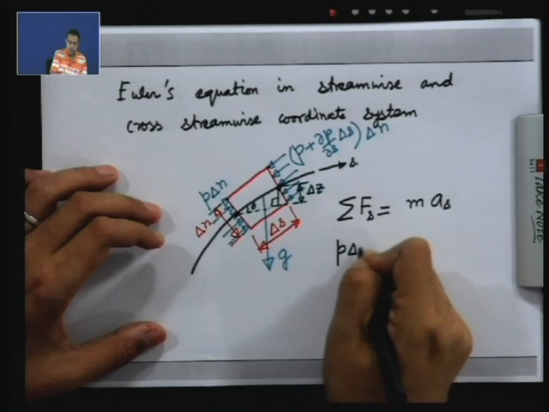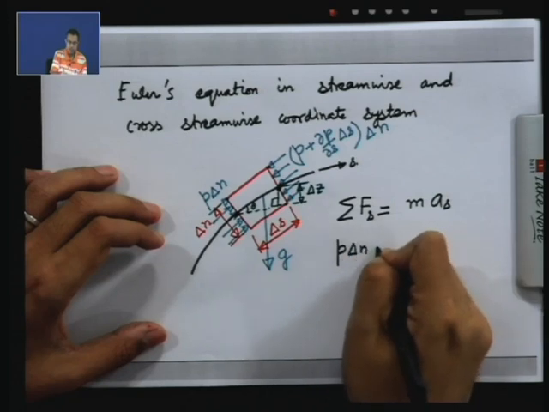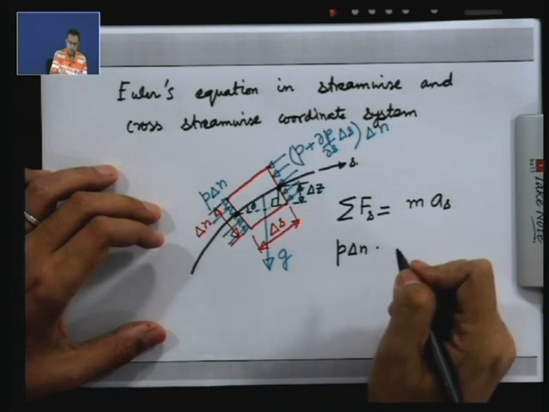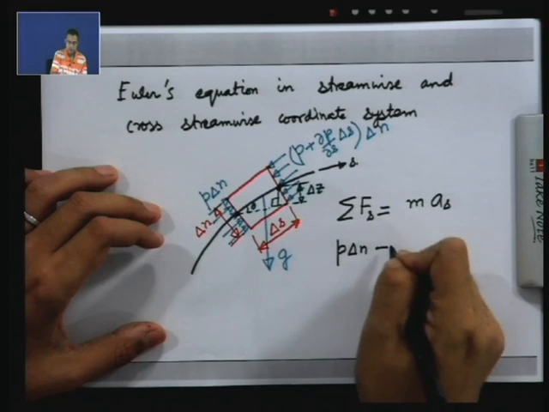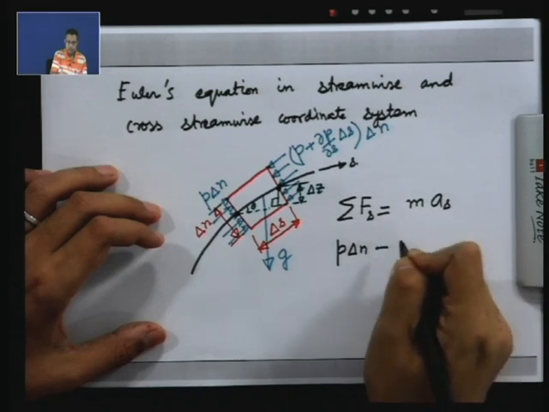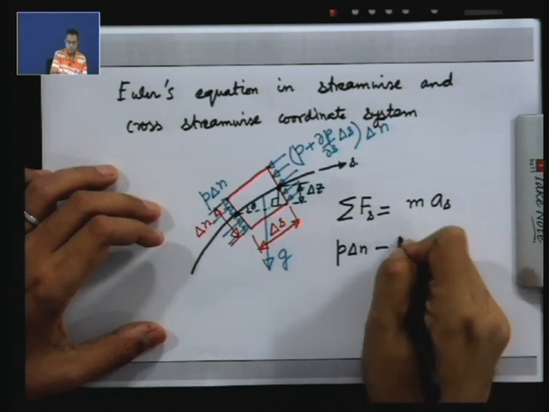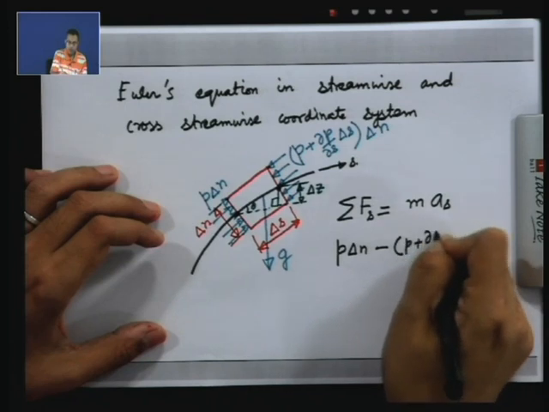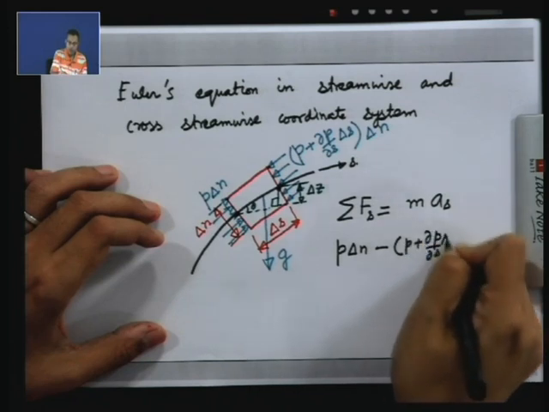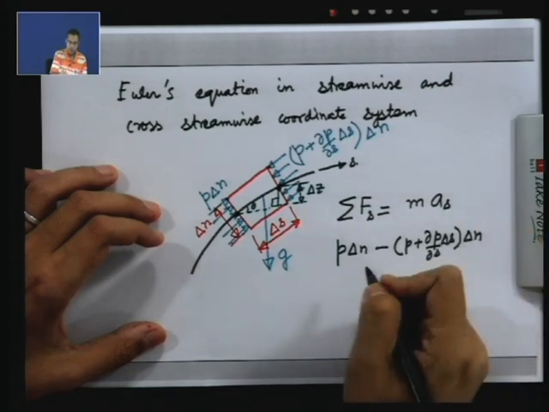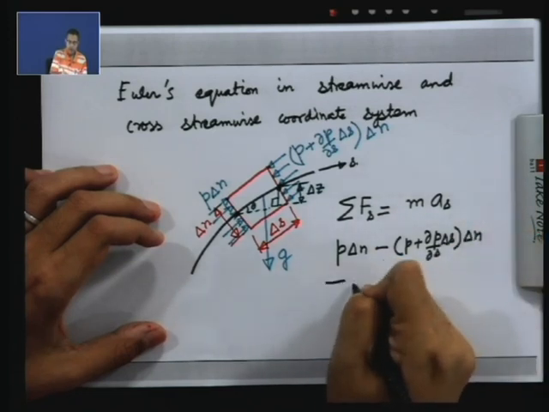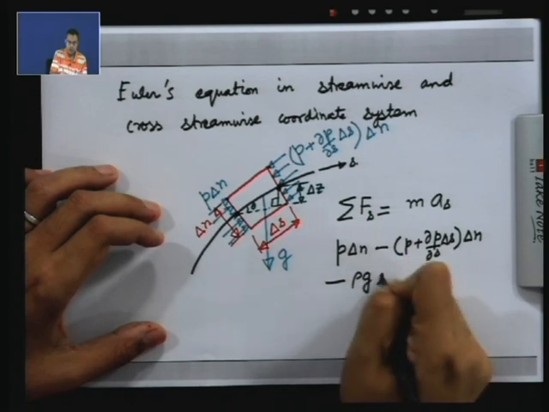P into delta n minus P plus del P del S into delta S times delta n, minus rho g sin theta.